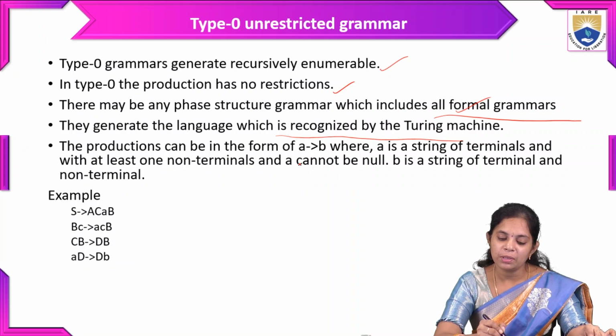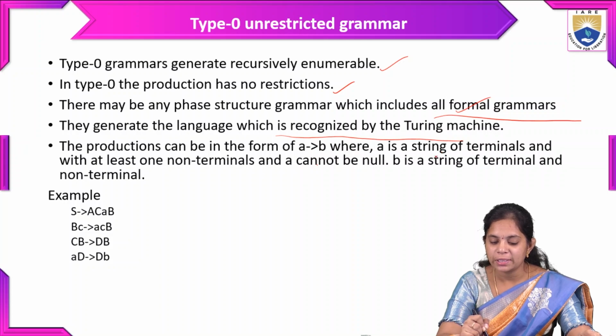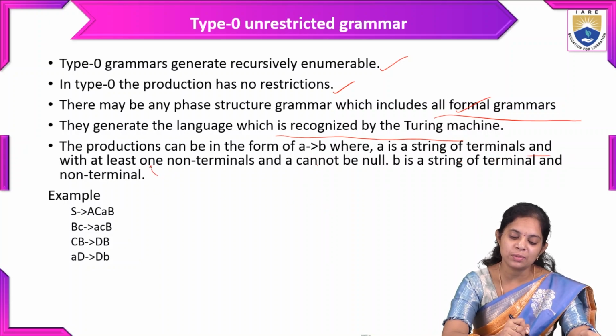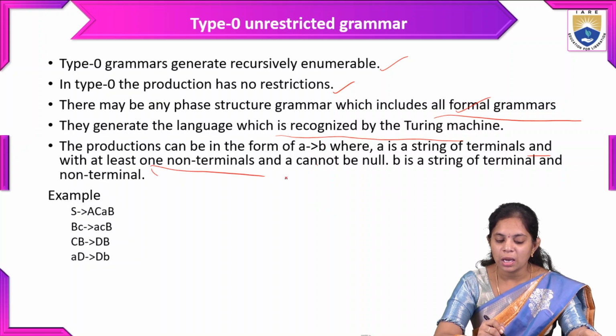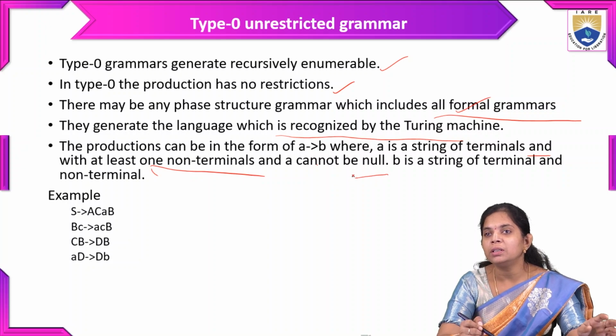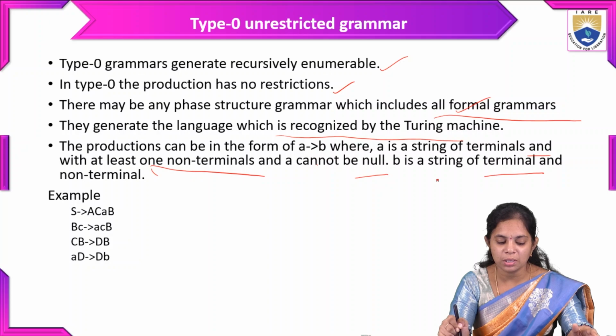The production can be of the form A tends to B, where A is a string of terminals and non-terminals with at least one non-terminal symbol, and A cannot be null. And B is a string of terminals and non-terminals.